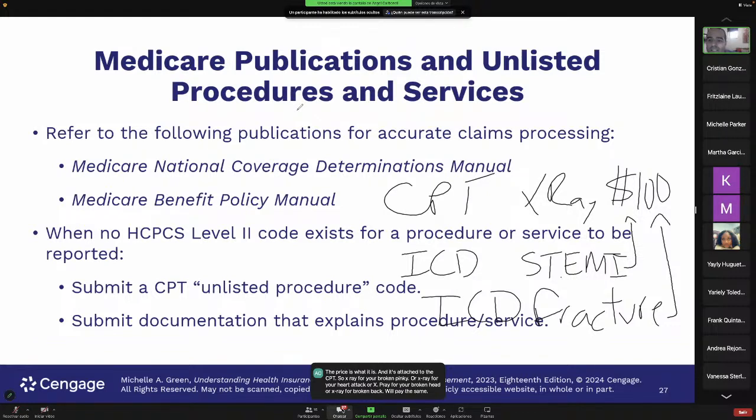So when she was asking if it's billable, if the ICD and the CPT match, yes. Payable is a different thing. If they match, you can bill it, and it could get paid. But the price will not change depending on the diagnosis.